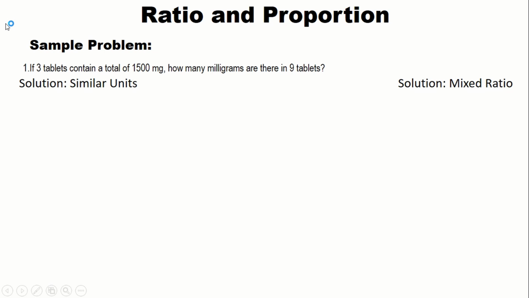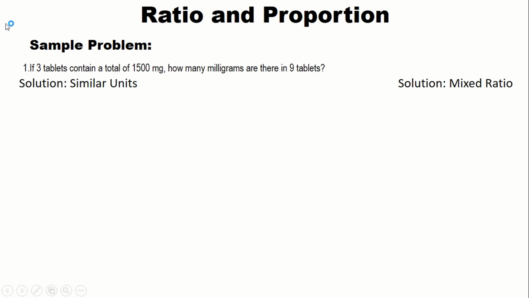The unknown is letter A. Let's follow the formula: A over B equals C over D. Simplify by multiplying: B times C equals A times D. The missing term is an extreme, so divide both sides by D. It will now become A equals B times C over D.